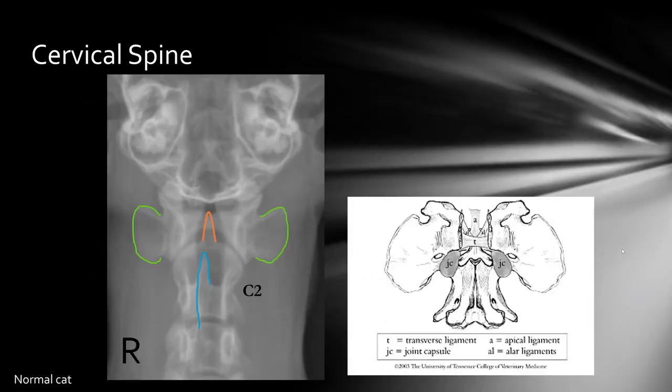Other anatomic structures we should be familiar with here are the wings of the atlas. Again, they extend to either side, and on a straight positioned radiograph, they're going to be very symmetric. The axis has the dens we already talked about, and you can actually see it as an anatomic structure separately, on midline, superimposed with the atlas.